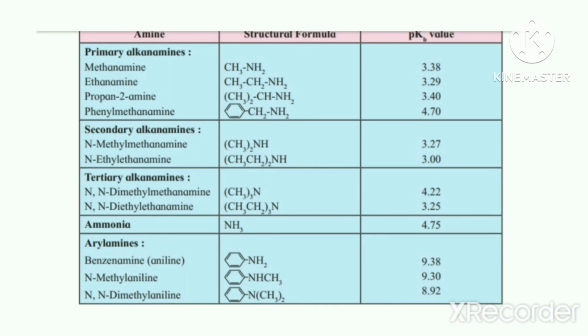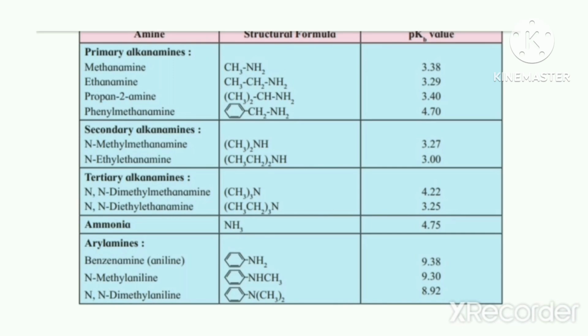On the basis of these values, we can decide which amine is a stronger or weaker base. As we said, the smaller the value of pKb, the stronger is the base. Those amines having smaller pKb values are stronger bases.